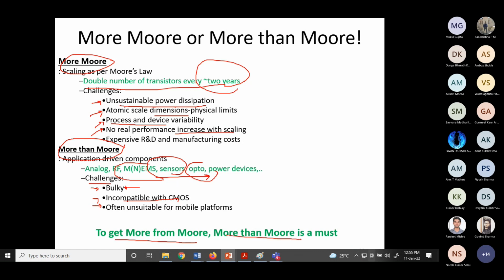We are moving towards a direction where our goal is not only to reduce the dimension of the conventional MOSFET or electronic device.